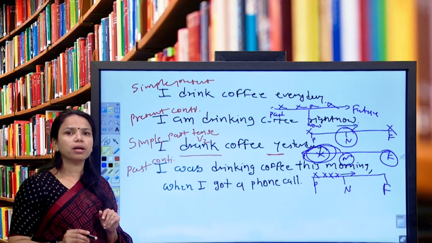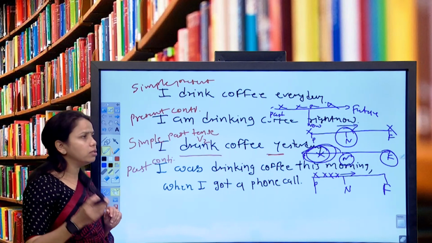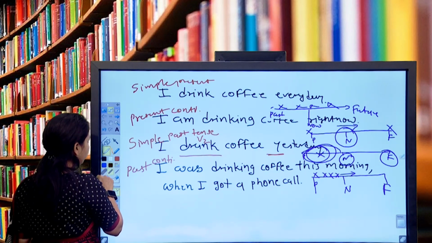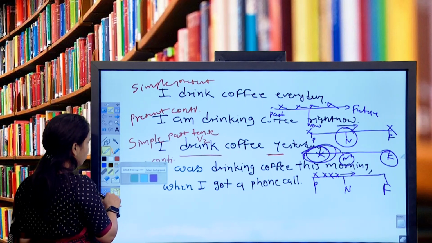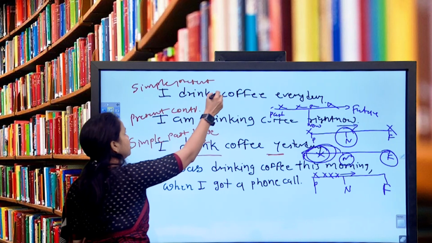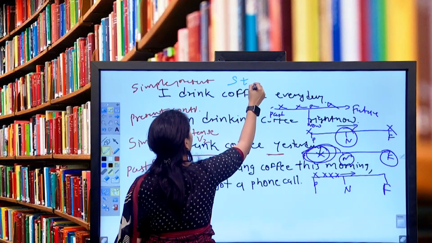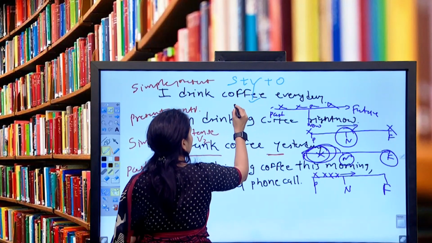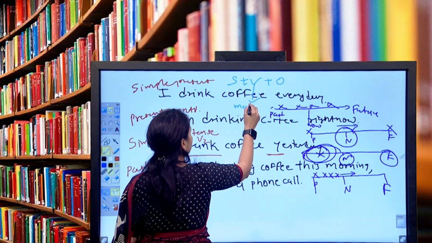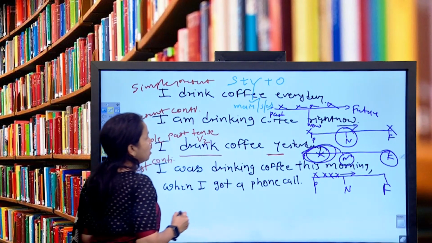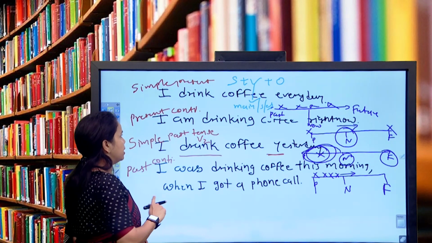If we have to talk about the structure of all the tenses: simple present tense, subject, verb, object. In simple present tense, the main form of the verb, and with a third person singular, we have to use s or es.